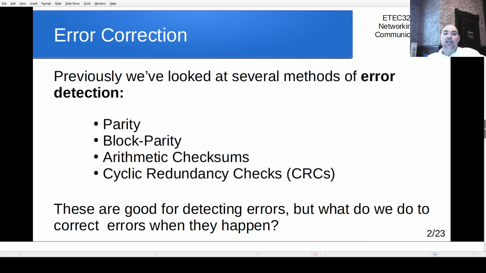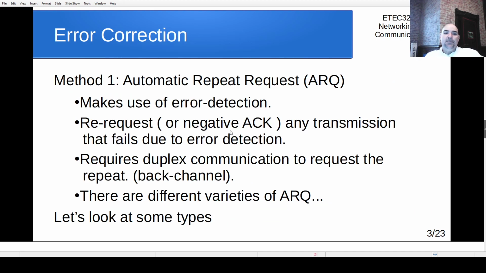Now those are good for detecting errors, but what if we don't just want to detect that they happen? What if we want to correct them when they do happen? In other words, we want to receive the message and then be able to fix the problem as it occurs. Method 1 uses error detection that we already know how to do.